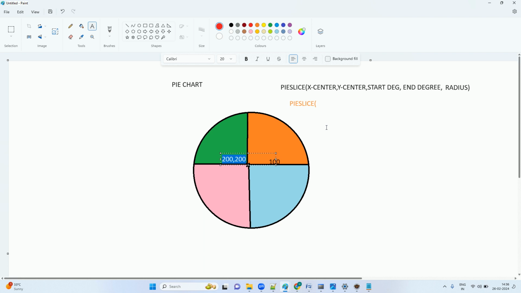So tell me how will we draw it? 200, 200, starting degree is 0, perfect. Ending degree is 90 and radius is 100. Perfect. How was that? All good? So now next one.